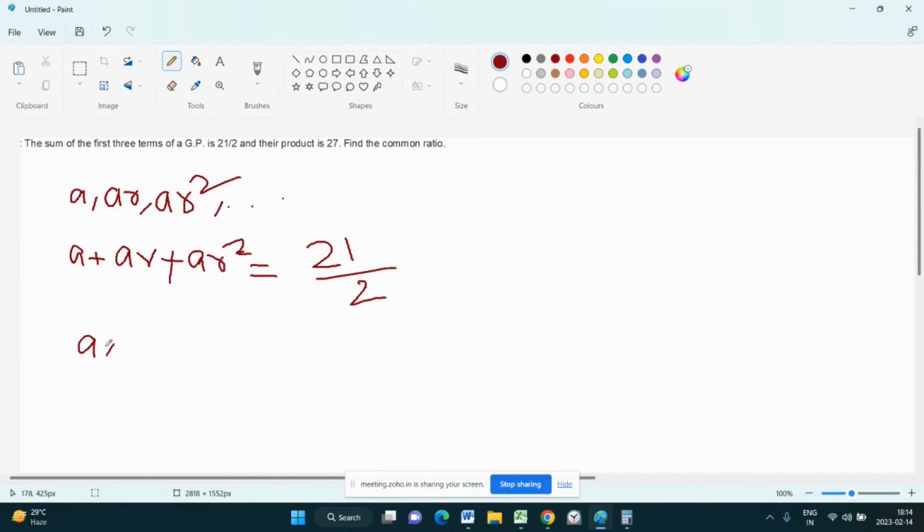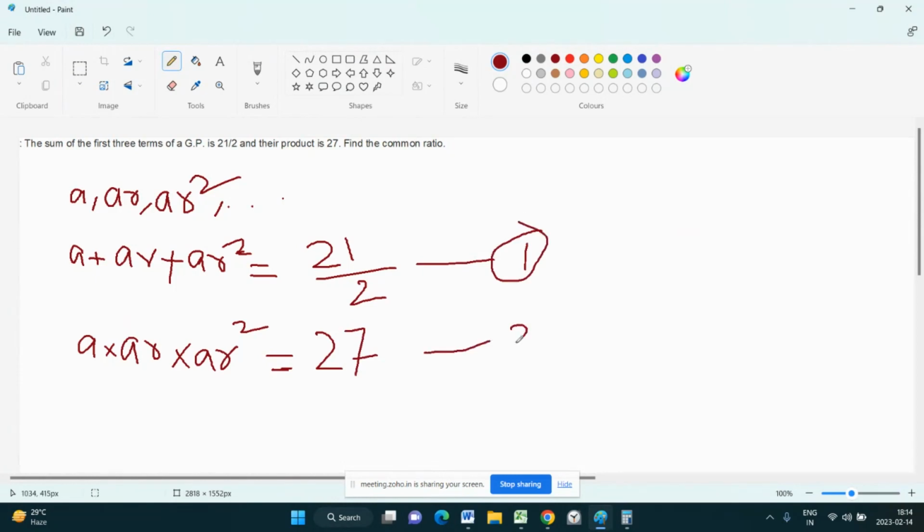A into AR into AR square is equal to 27. Now this is the first equation. This is the second equation. I want you to solve this and find the common ratio. These are the first three terms.